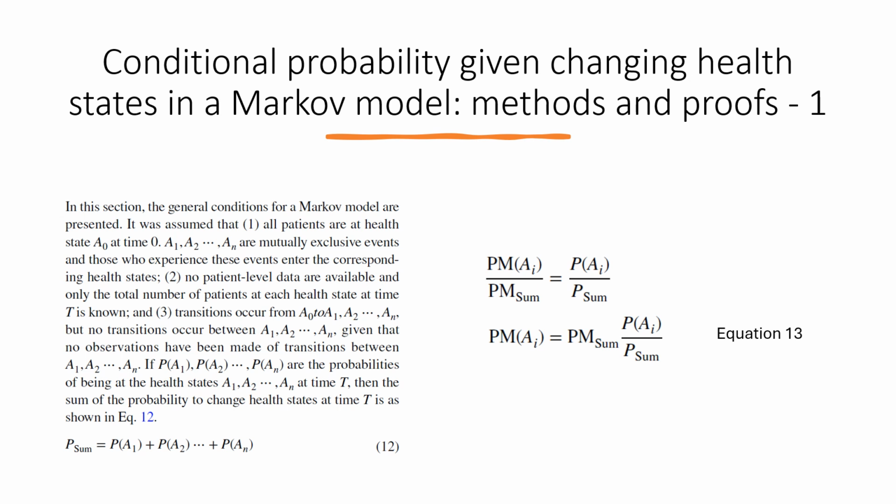We can convert p-sum into the transition probability of any change of health state at a desired Markov cycle length, pm-sum. We can then express the transition probability of event I at the defined cycle length from the conditional probability method in a general form, equation 13.